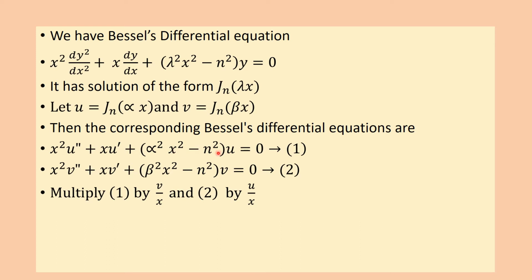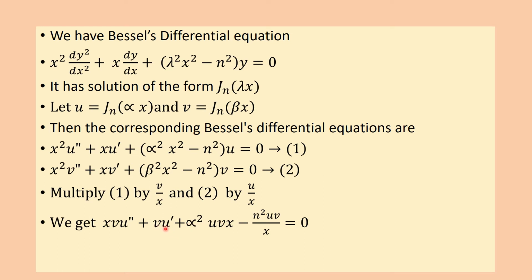If you multiply v by x, this will be minus n square uv by x equal to 0. Let us see that expression: x v u double dash plus v u dash plus alpha square uvx minus n square uv by x equal to 0. This is after multiplying v by x to equation number 1.